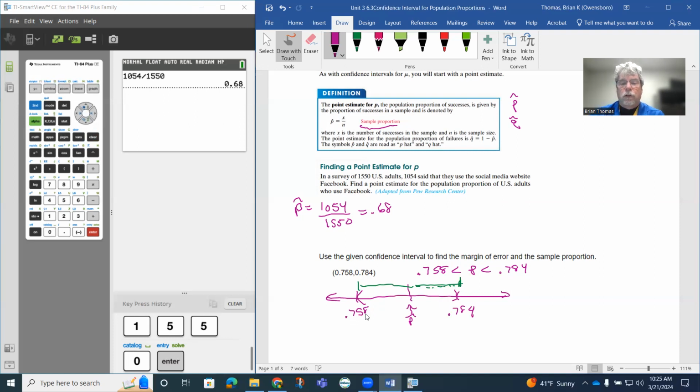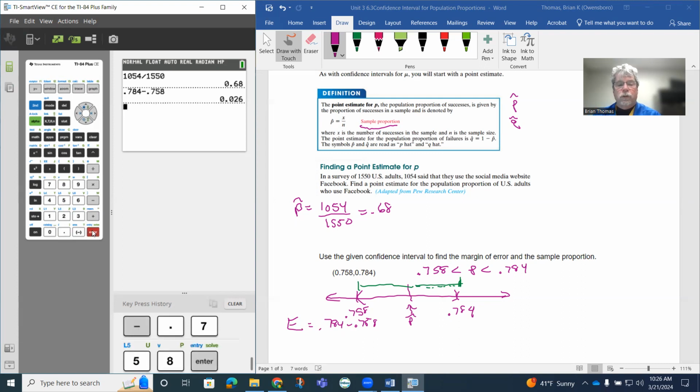So for the margin of error, a lot of times we'll use capital E for the margin of error. That's going to equal 0.784 minus 0.758, which will give us the total distance, 0.026.